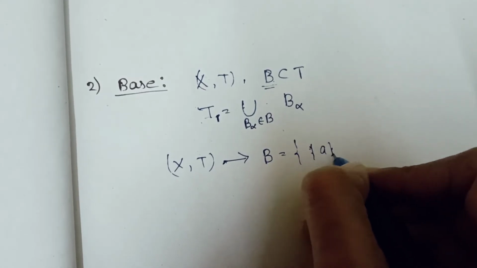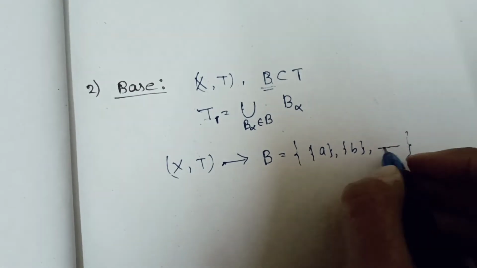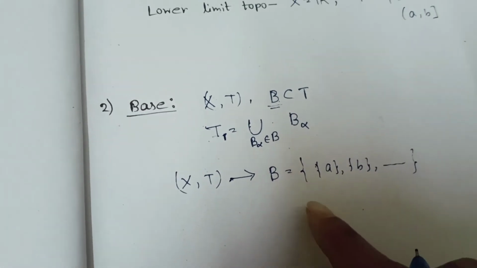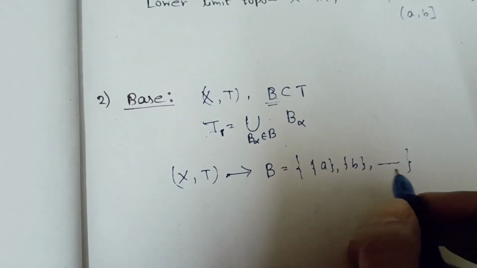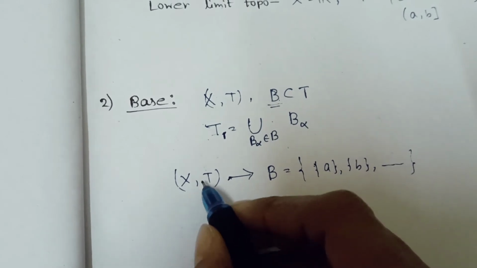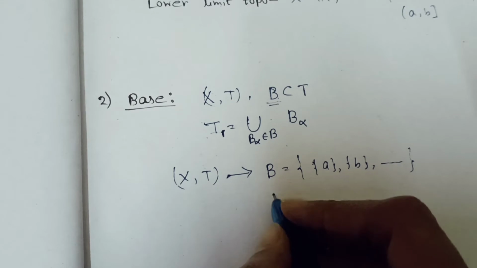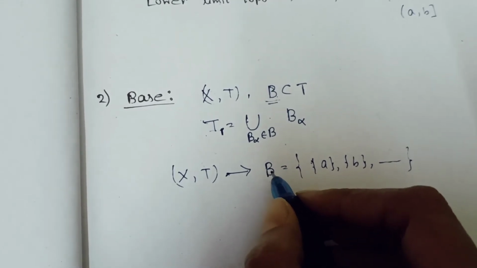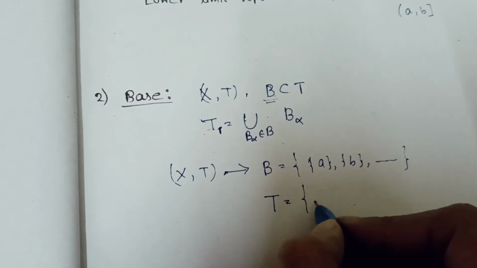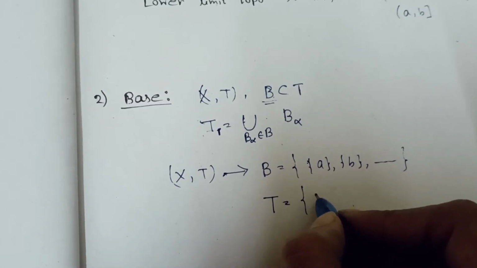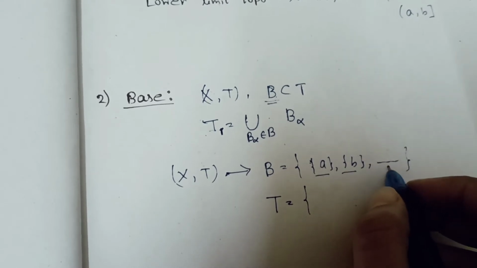Let the base be all singletons {a}, {b}, etc., where a, b, etc. all lie in X. So this is a base for this topology, but this does not form a topology by itself. A topology T is the set of elements generated by unions of members of this base B.